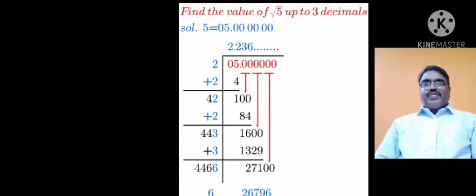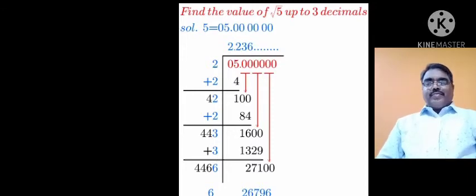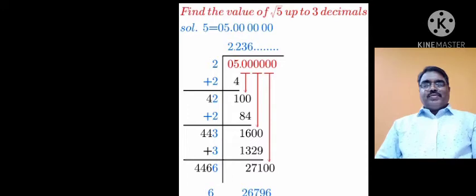Instead of 6, if you take 7, it is more than 27,100. If you take 5 instead of 6, it is far less than 27,100. If you take 7 instead of 6, it exceeds 27,100. Hence we have taken 6 here.